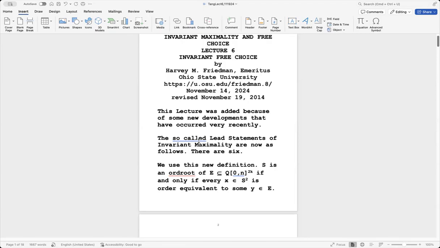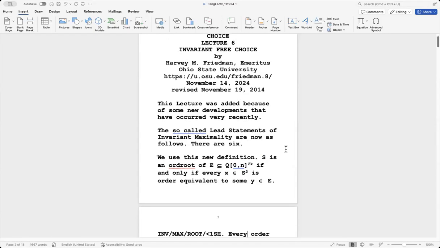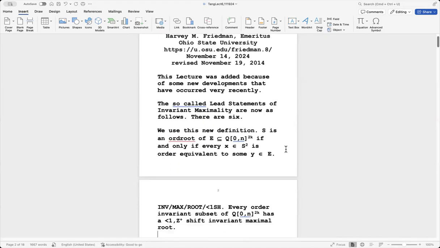There's what I call the lead statements, and these are the ones that one encounters first. So they have to be sort of the so-called best ones or simplest. And there's 6 lead statements.